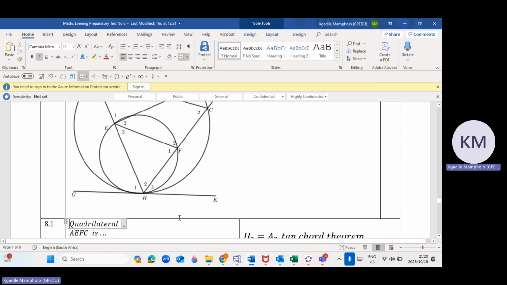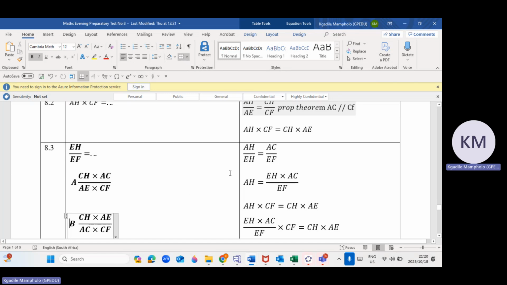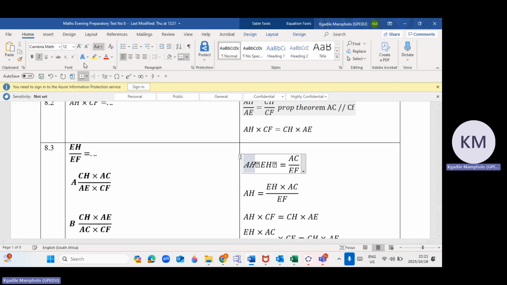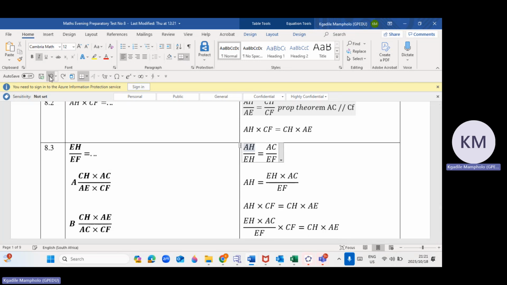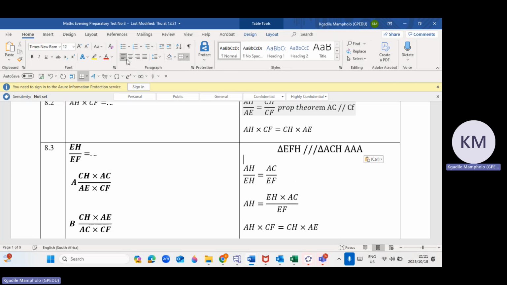Then let's go back there. Now, remember, you are required to prove EH over EF. So first you look at this similarity here. The two triangles are similar as I've shown.